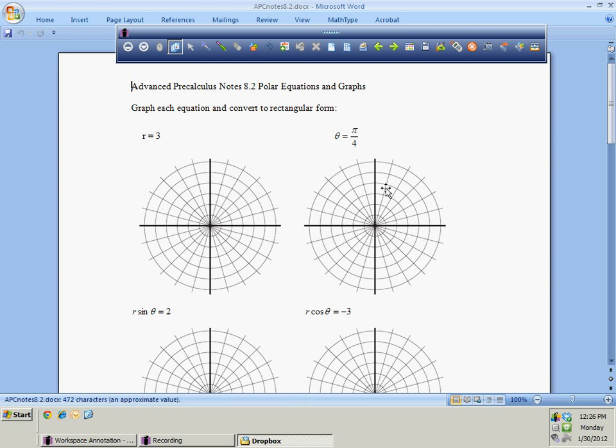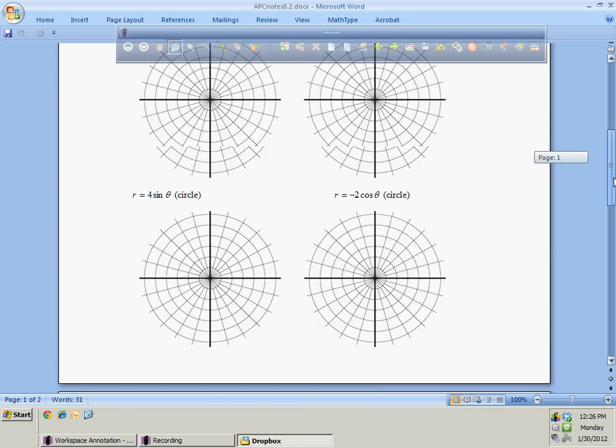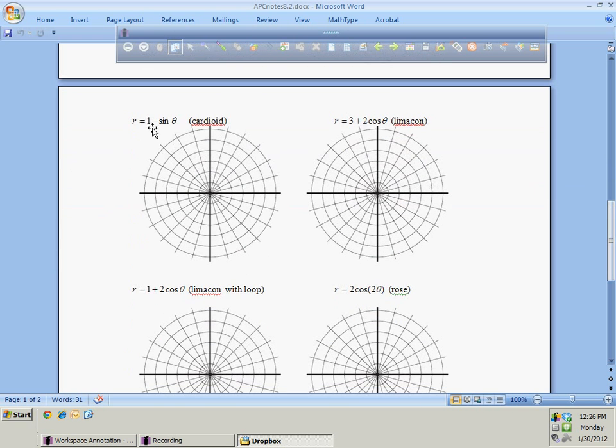So, say this is what we did the other day, but say I wanted to do this one, and I want you to graph it. You may know what it looks like, and there are equations on the back, but I will make you do one at least by hand. So this is going to be a cardioid because these two things are the same, even though there's no 1 in front, right?